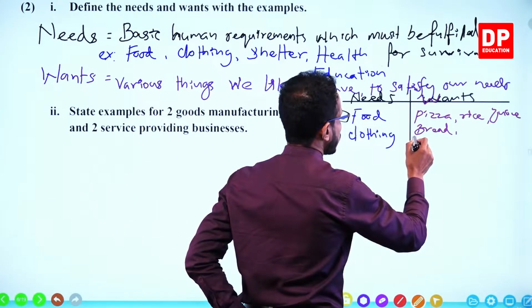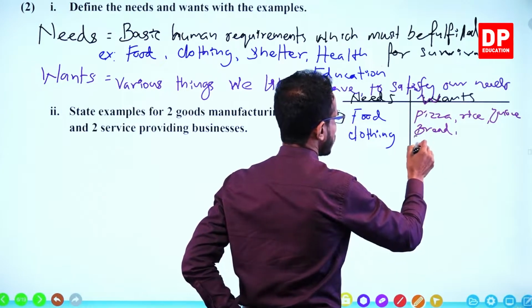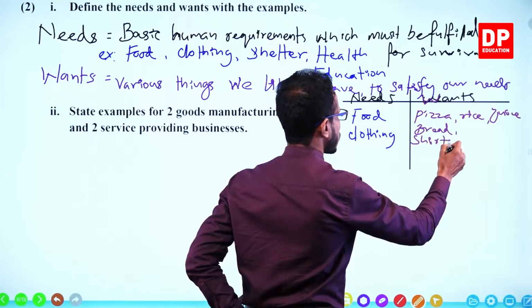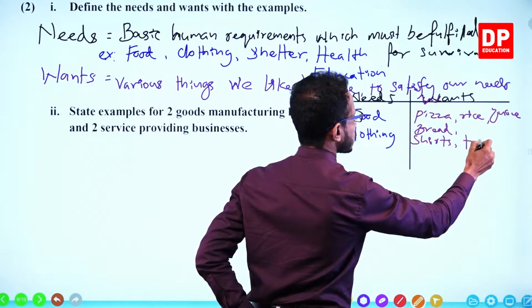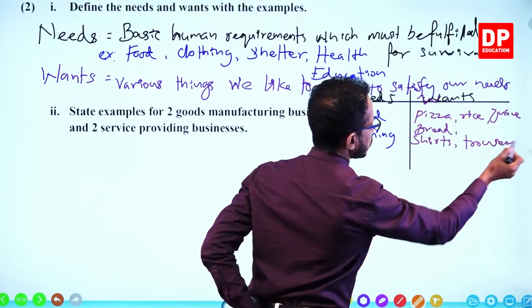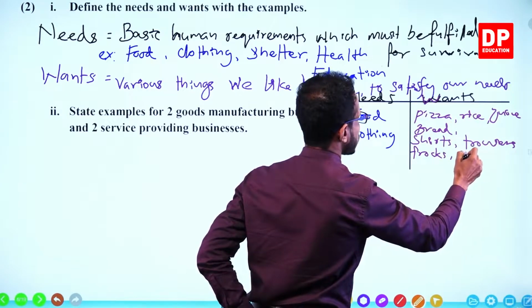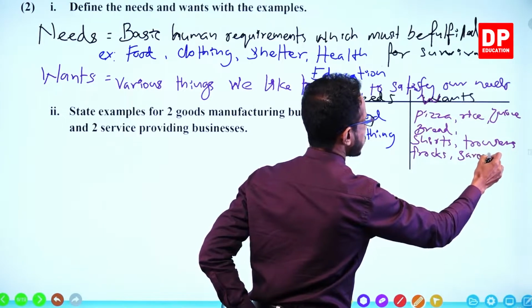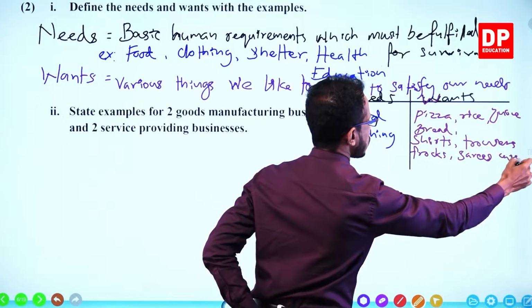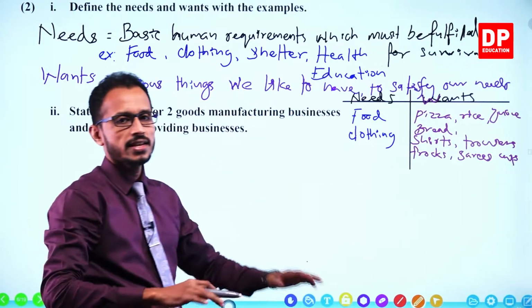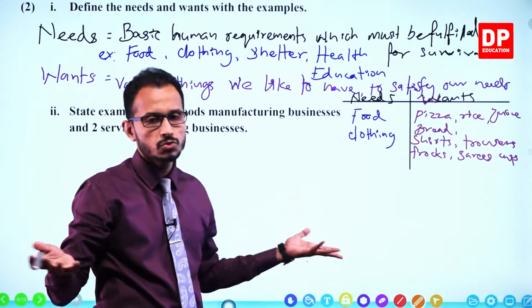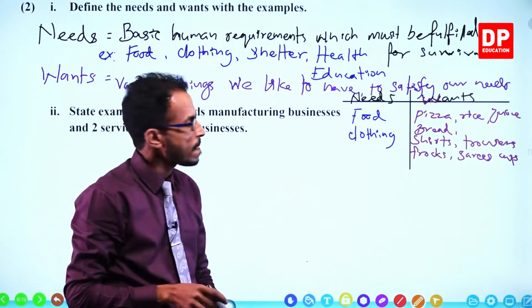What options do you want? Shirts, trousers, frocks, saris, caps, hats, so on and so forth. You can write anything that you want when it's about clothes.